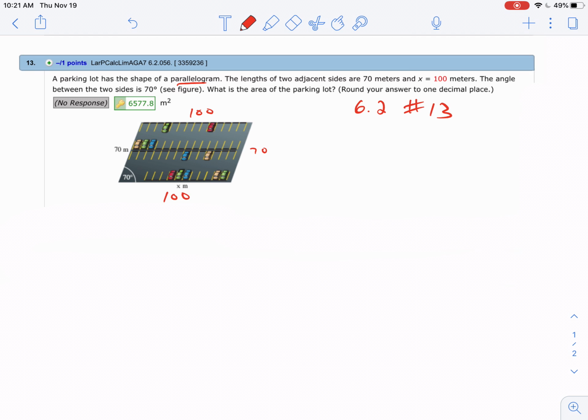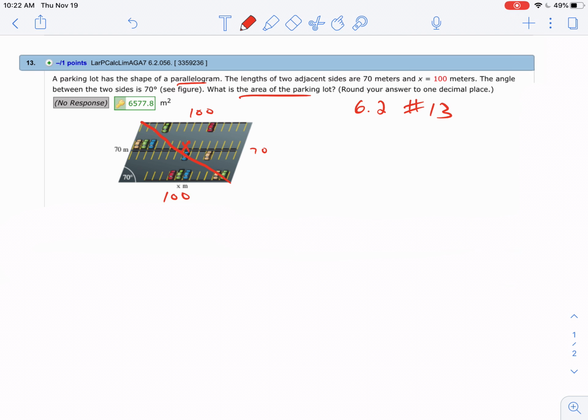So if I were to just draw this side in, because I'm trying to find the area, if I could find x, then I could use Heron's formula to find the area if I wanted. And then you could round your answer to one decimal place.